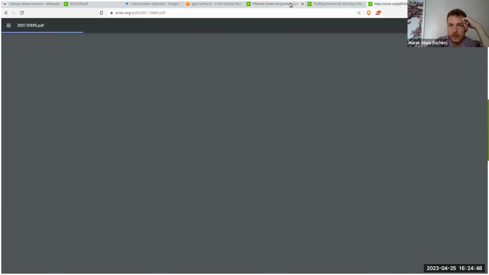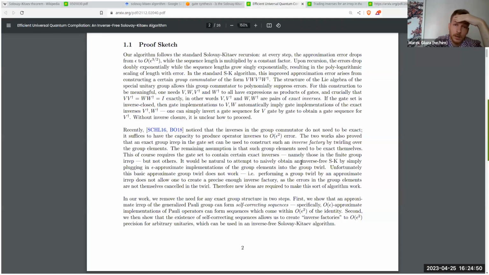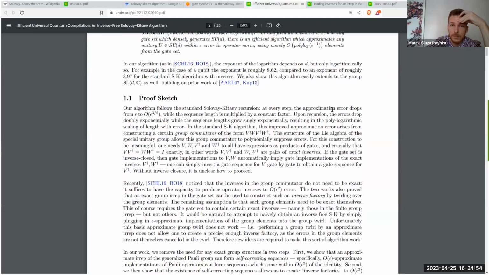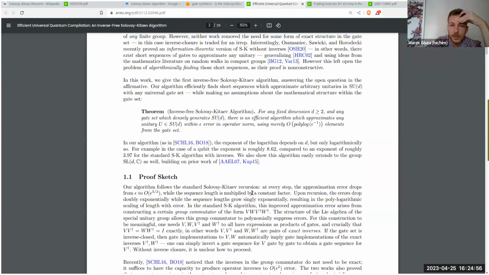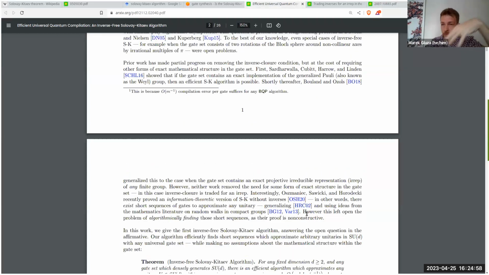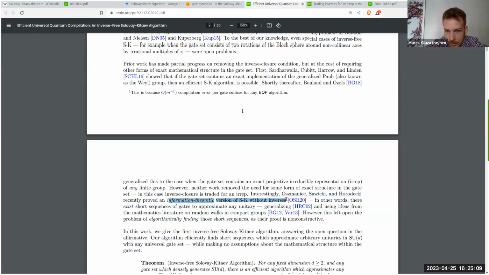Let me see if I can find it. So anyway, the progress was coming from other fields of mathematics until this was ripe for it. And okay, so we are actually crediting them with information theoretic SK without inverses, short sequences of gates that approximate a unitary. Okay.